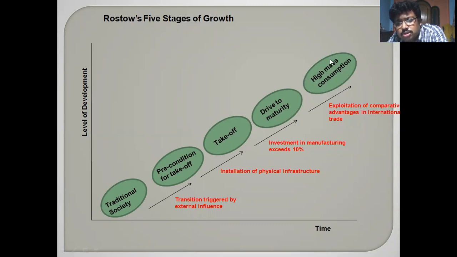In the high mass consumption stage, the society is shifted from supply to demand side. Demand is very crucial in this stage. From the problem of production to the problems of consumption is considered.